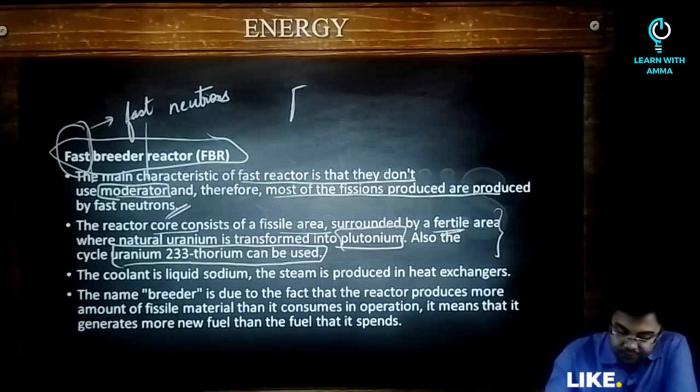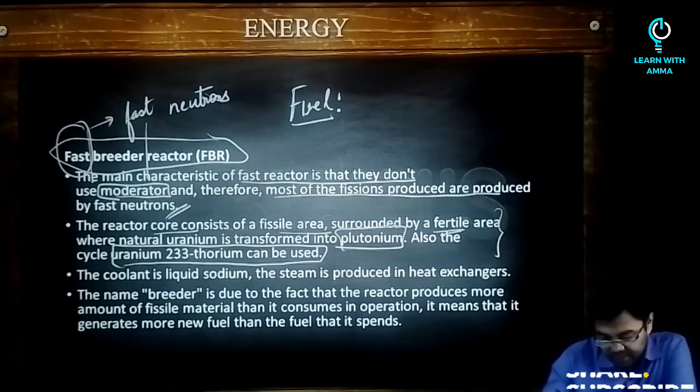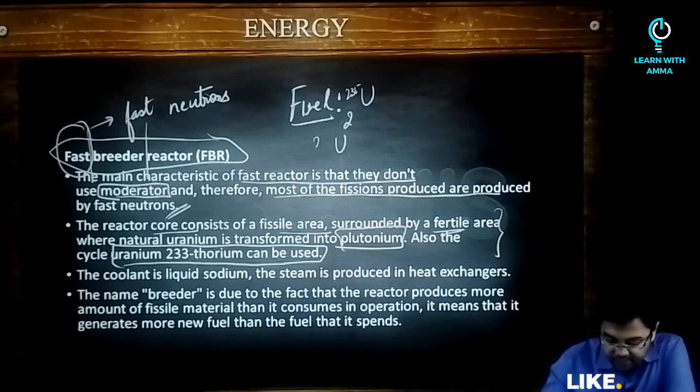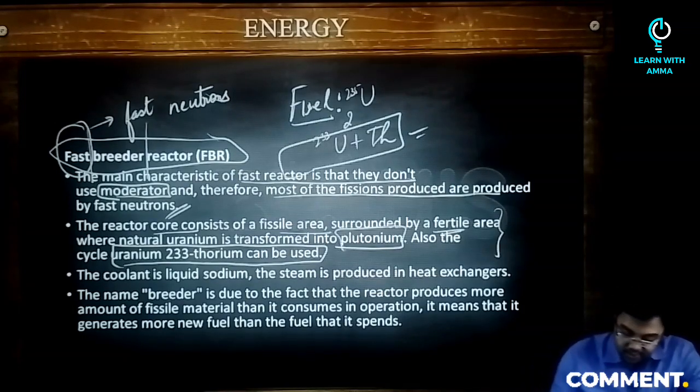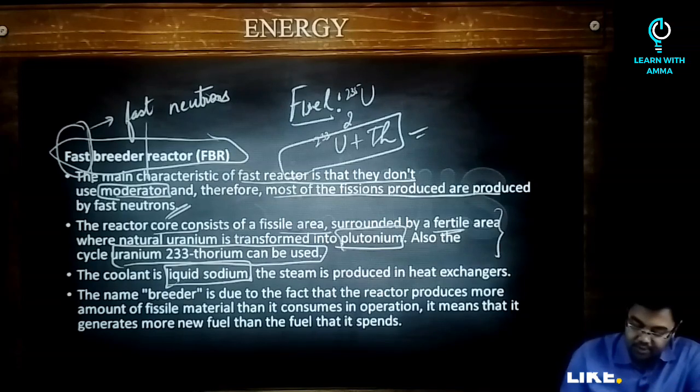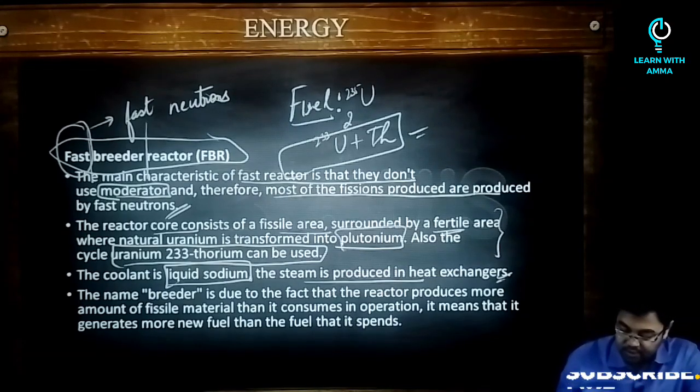So as a fuel, you can either have natural uranium or enriched uranium, that is uranium-235, or from the cycle we can have uranium-233 and thorium, both being used as the source of fuel for us. The coolant that we have here is liquid sodium. The steam is produced in the heat exchangers.